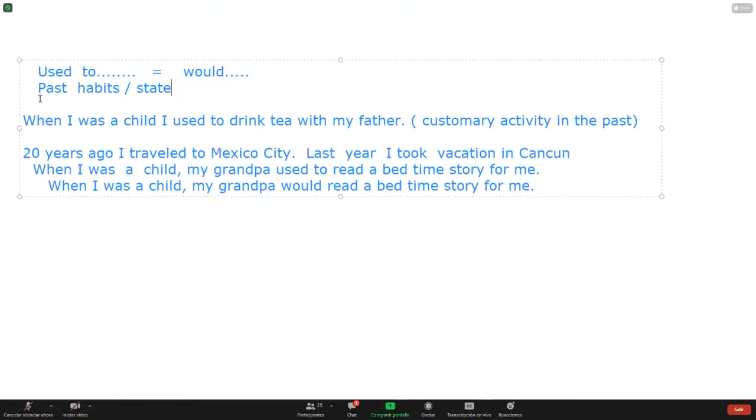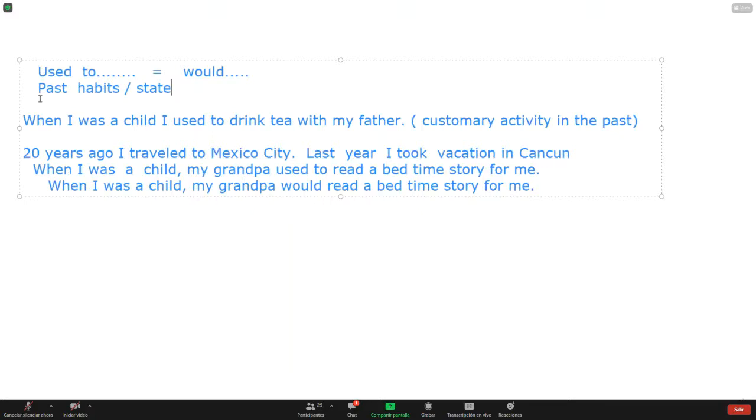This is the Casa de Montejo, there in Merida downtown. And 400 years ago, Francisco de Montejo used to spend his summer vacation in this house. In that case, it is necessary for me to use used to because I am referring to a state. In that case, would is not applicable.